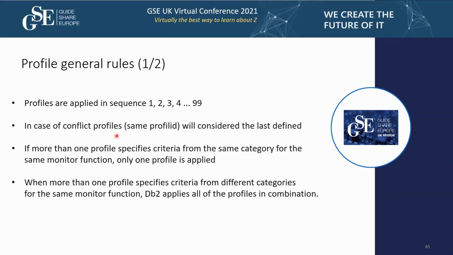In case of conflicting profiles, so the same profile ID number, we consider the last defined in terms of activation time. If more than one profile specifies criteria from the same category for the same monitor function, only one profile is applied. When more than one profile specifies criteria from different categories for the same monitor function, Db2 applies all of the profiles in combination.